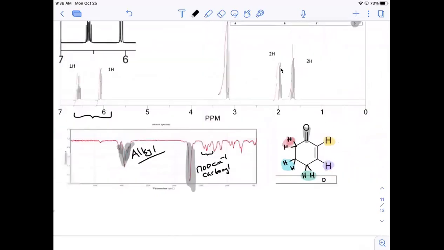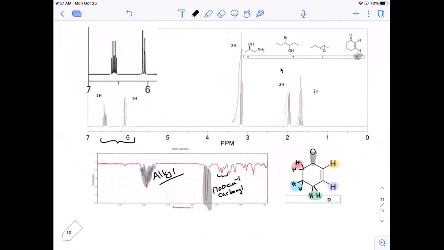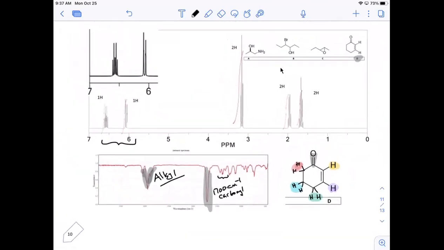Let's start here with the pink signal, right? That is adjacent to your carbonyl. Do you expect it to be further downfield or further upfield? Downfield. All right, so let's look at the choices. We got 3, and it's not going to be down 6 or 7.